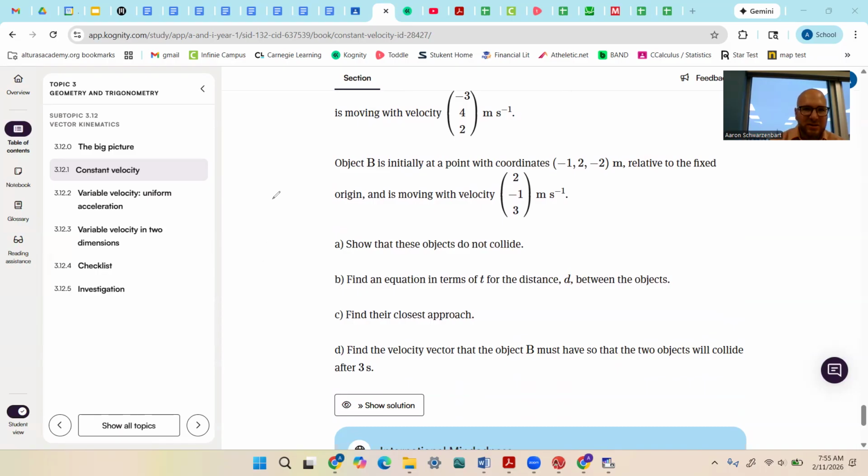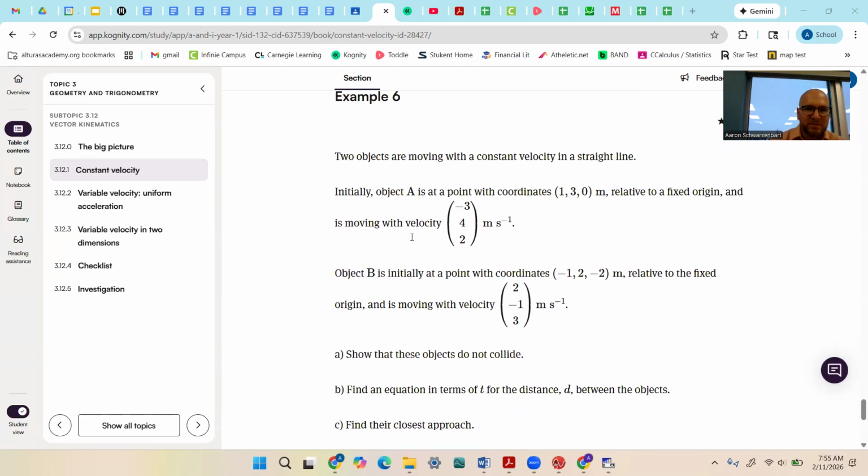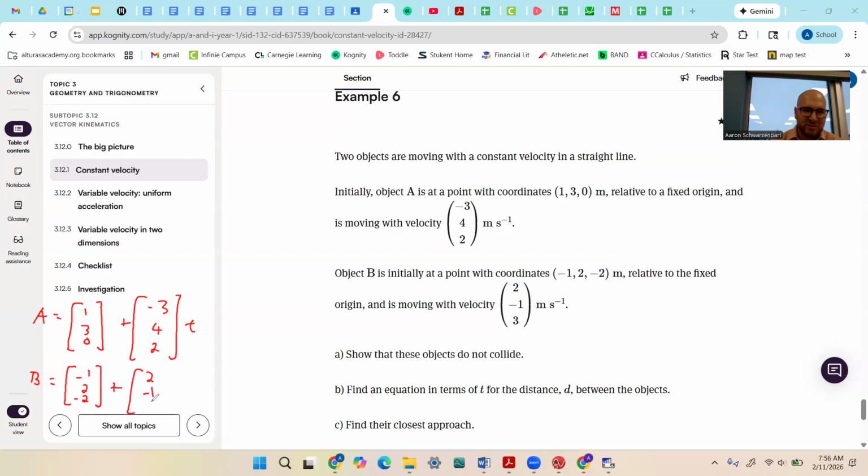So my two equations are A: (1, 3, 0) plus (-3, 4, 2)t, and B is (-1, 2, -2) plus t(2, -1, 3).